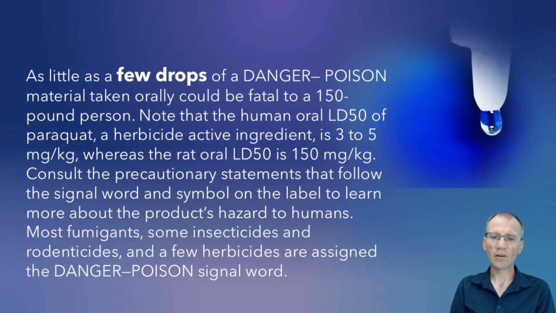Consult the precautionary statements that follow the signal word and symbol on the label to learn more about the product's hazard to humans. Most fumigants, some insecticides and rodenticides, and a few herbicides are assigned the danger-poison signal word.